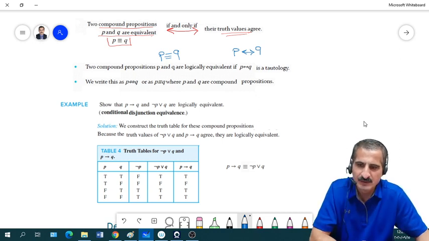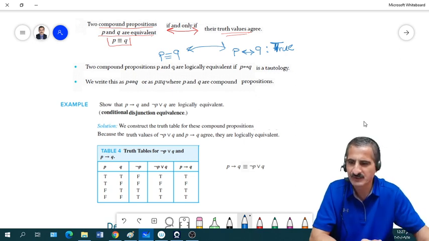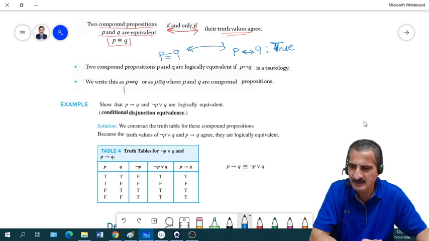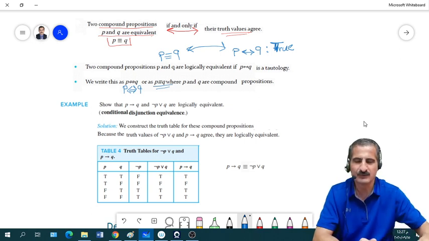When this is true, then P and Q are logically equivalent. And this is another way to write logical equivalence: P if and only if Q.